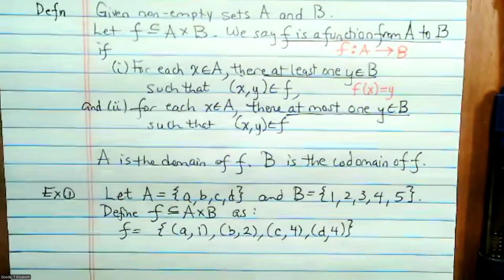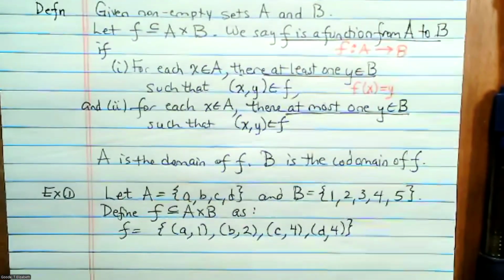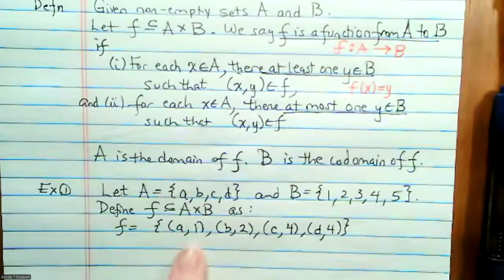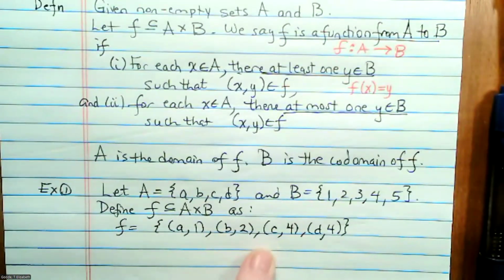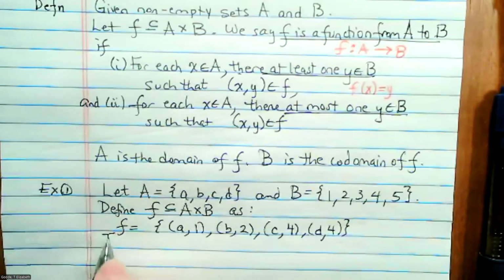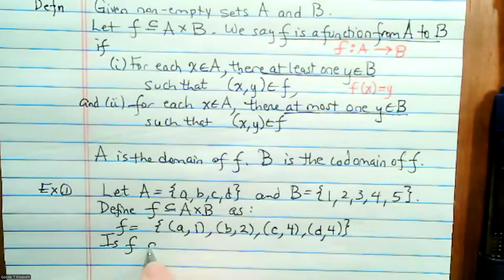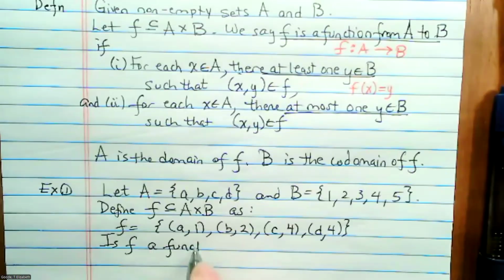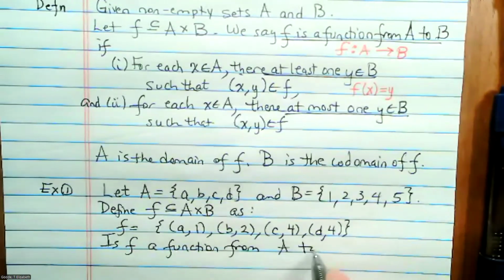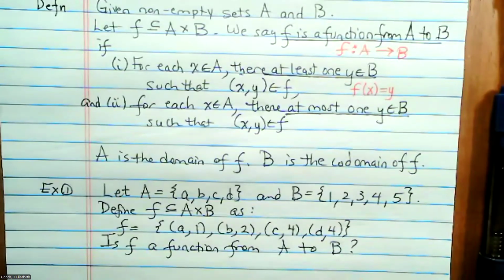And the question is, is this a subset of A cross B? It's clearly a subset of A cross B, right? Because it's ordered pairs with first coordinates from A and second coordinates from B. Is F a function from A to B? All right.